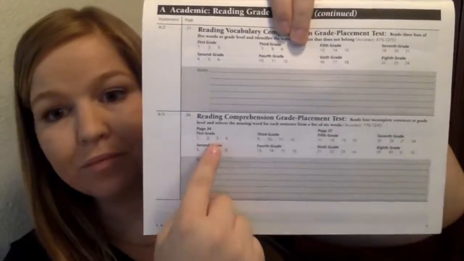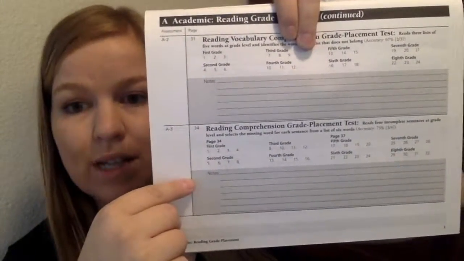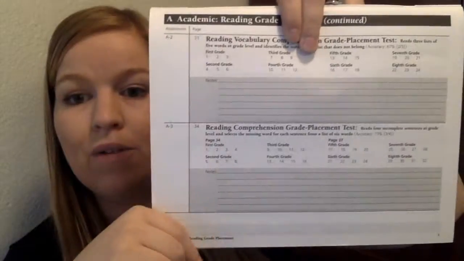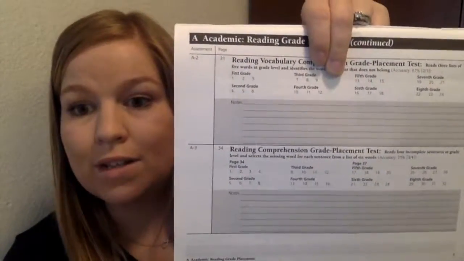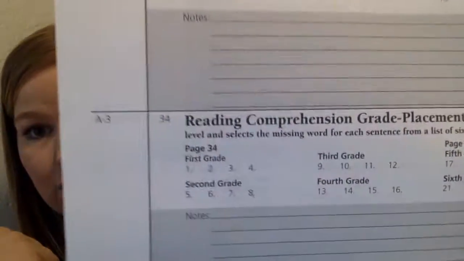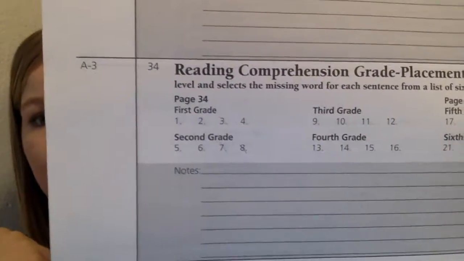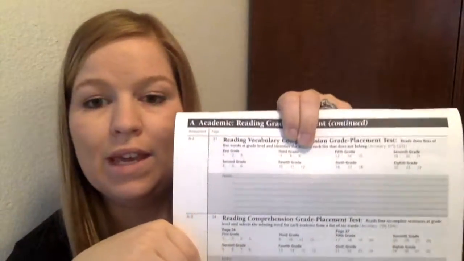So as you're recording in the student data book, this is where we are right here. If the skill is mastered and they get it correct, you would circle that number. However, if it's incorrect, you would just put a slash through it to show that the skill is not mastered yet. And that helps you keep count of how many they get correct at each grade level, because as you can see, the grade level is on the record book, so that when they get 75% correct, they're considered at that grade level, up to the highest one where they can get 75%.